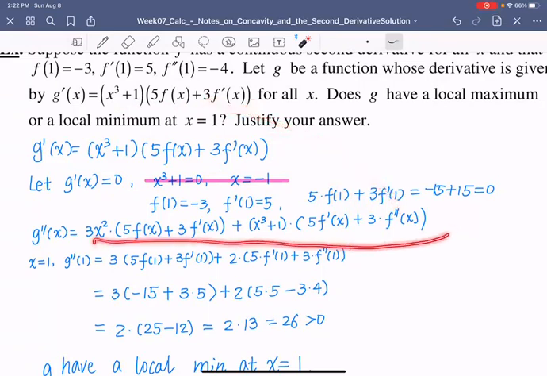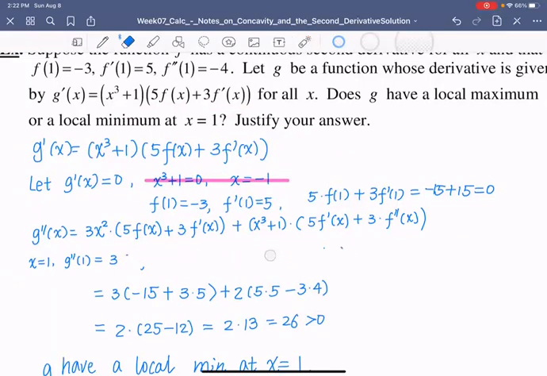So this is the guy. Now we want to check when x equals 1, how much is this value? I'm going to erase this part and let's do it together.